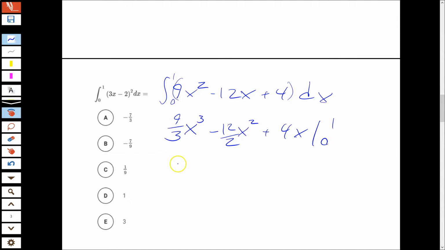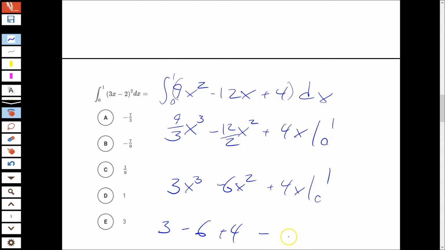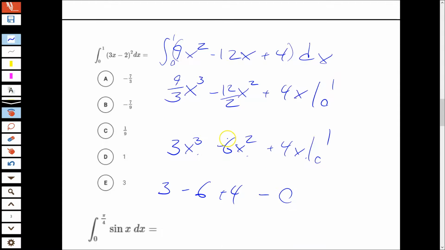Well, let's see, I get 3x to the third minus 6x squared plus 4x from 0 to 1. And then this would be, I'm plugging in 1 now. 3 minus 6 plus 4 minus a whole bunch of zeros, right? 0, 0, 0. Okay. So 3 minus 6 plus 4, it's a negative 3 plus 4 is 1.